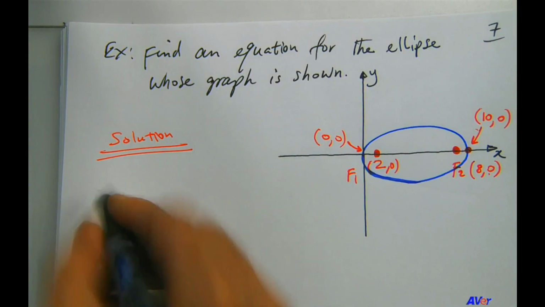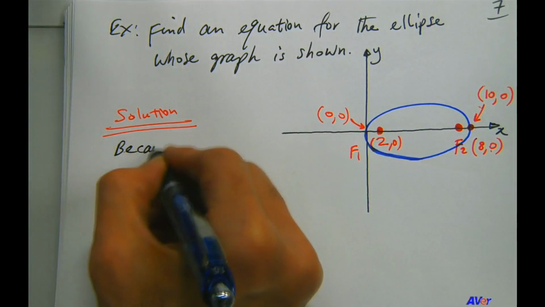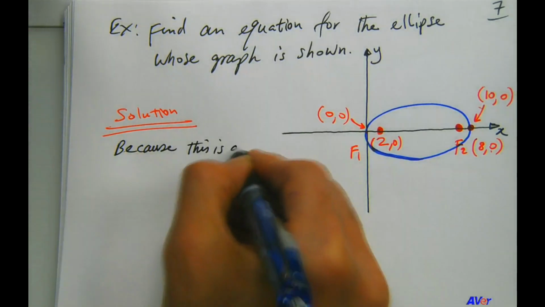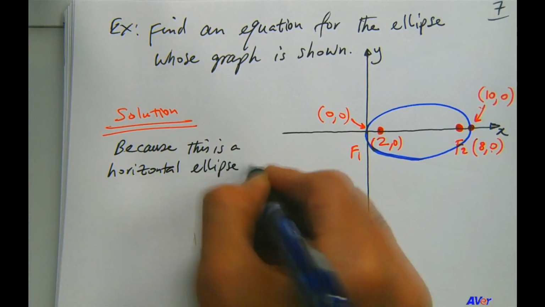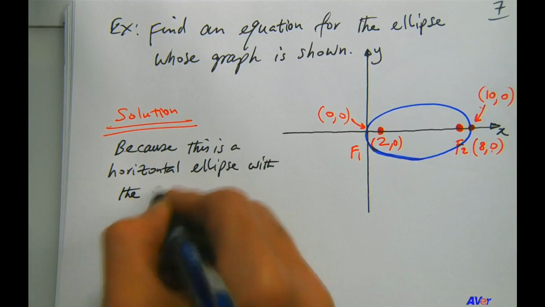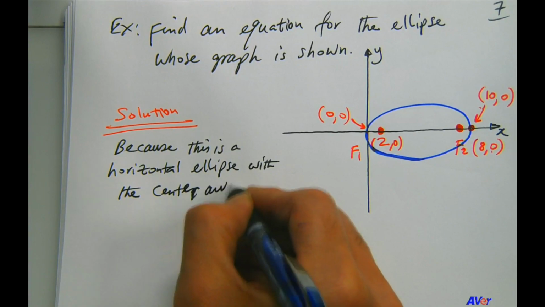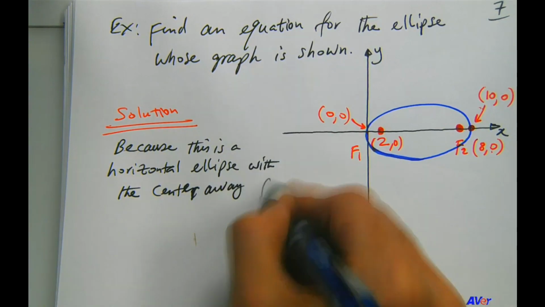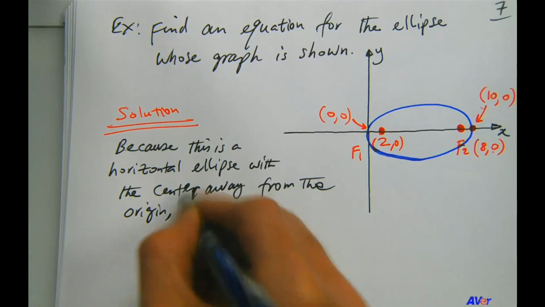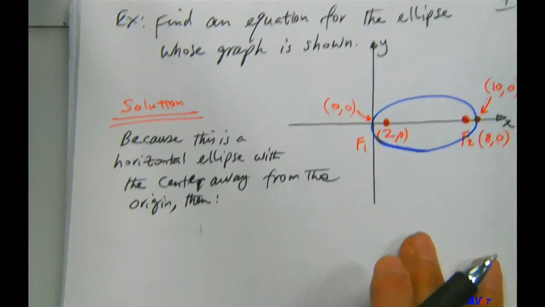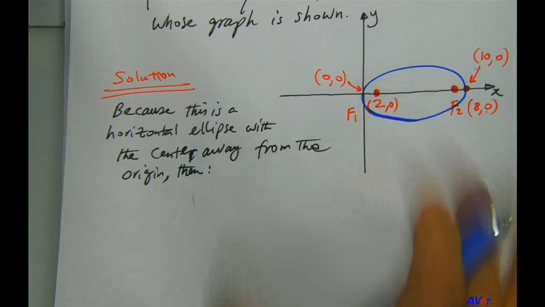So the solution of this is that because this is a horizontal ellipse with the center away from the origin, this should be the general equation of any ellipse like this.